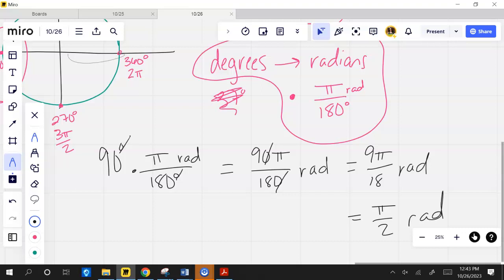Look at your circle, and that makes sense that it works, right?